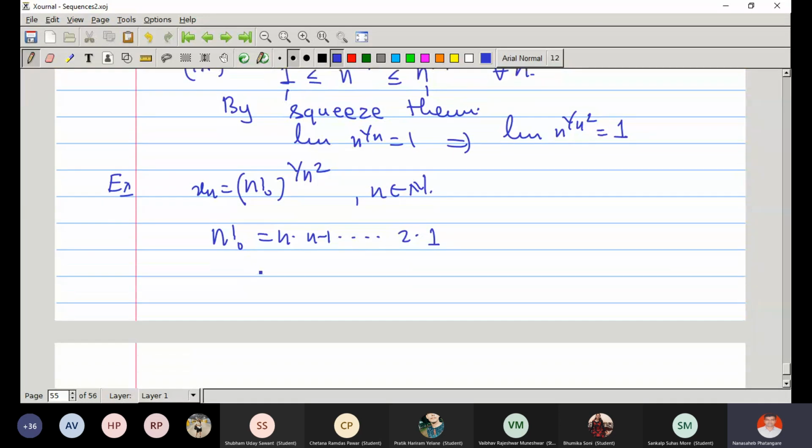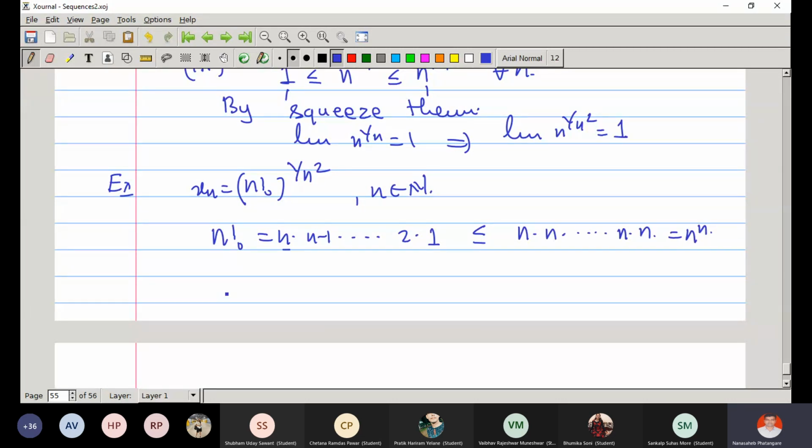So this quantity is a product of n numbers, and the largest is n. So I will replace everything by the largest. I will replace 2 by n and 1 also by n, and therefore it is n raised to n.